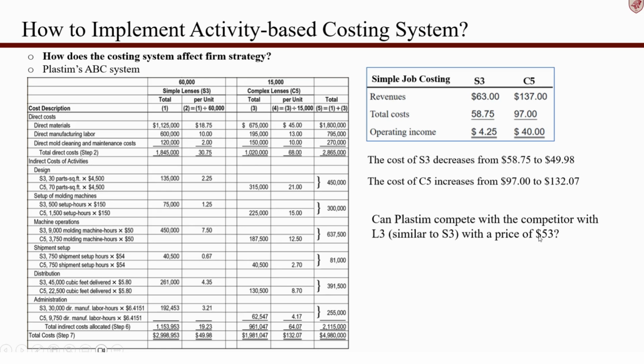But of course, not more than $53, because otherwise they wouldn't be able to properly compete with their competitor if they are purely competing on price. So, it's not a direct no, as we have seen from the earlier slide, but here we can possibly say they do have the possibility to compete with Bandit, as long as the price is within this range of $49.98 and $53.